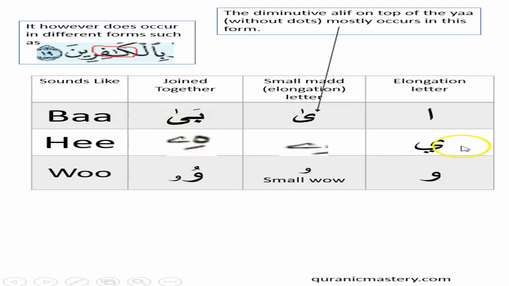Okay, so the diminutive shape for the ya is this ya shape over here. Now my apologies, but this doesn't come on the Arabic keyboard, so I had to cut and paste this from a different place. So we can see that this is the shape that you need to see.